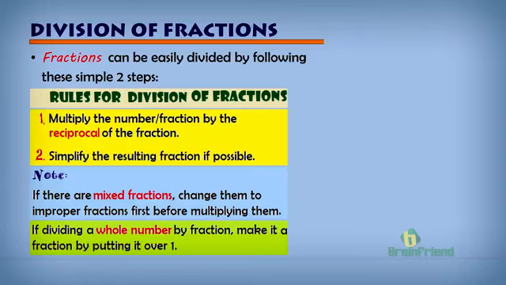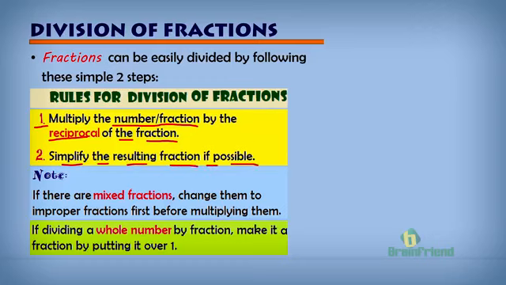Now, fractions can be easily divided by following 2 simple rules. The first rule says multiply the number, that is, if it's a whole number or a fraction given to us, by the reciprocal of the fraction. Next, simplify the resulting fraction if possible.